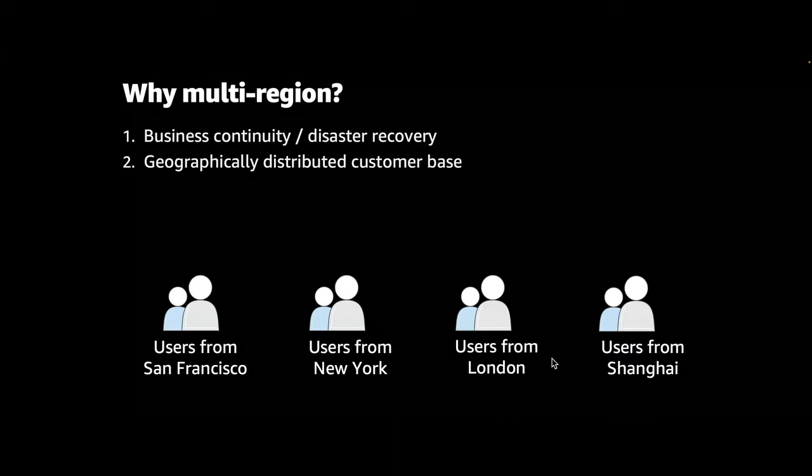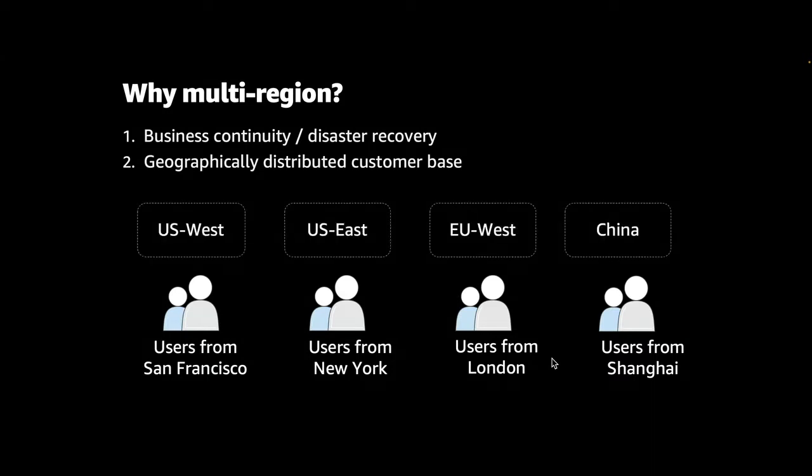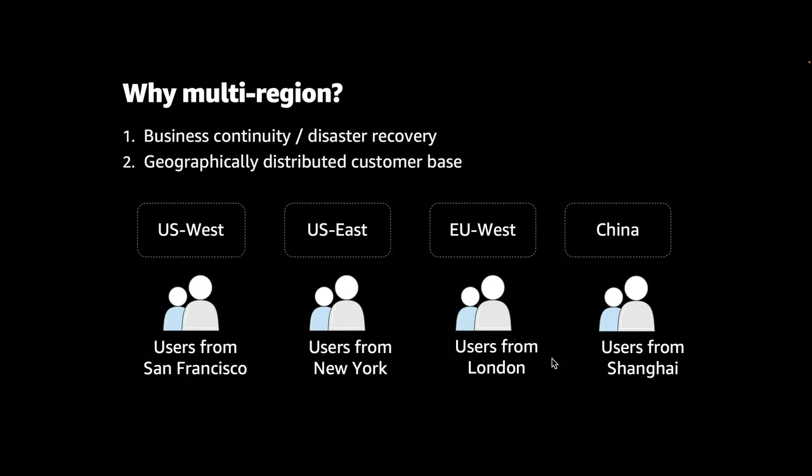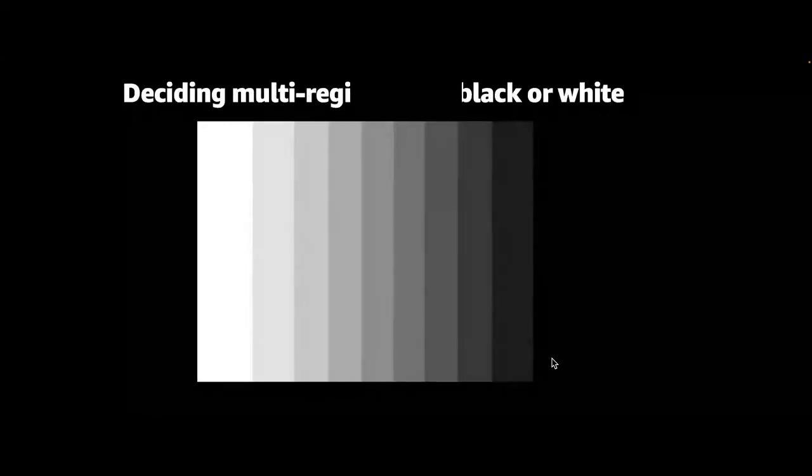And this is the kind of thing that usually drives the need for this sort of implementation. But keep in mind that designing multi-region is not black or white. So as I just mentioned, there are lots of things that you need to consider when deciding whether or not to pick a multi-region solution.